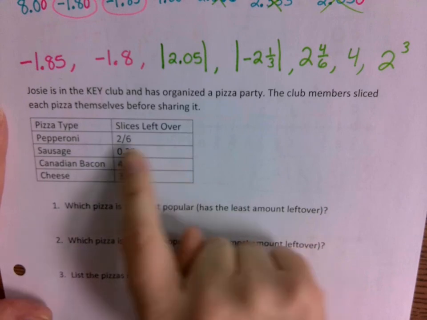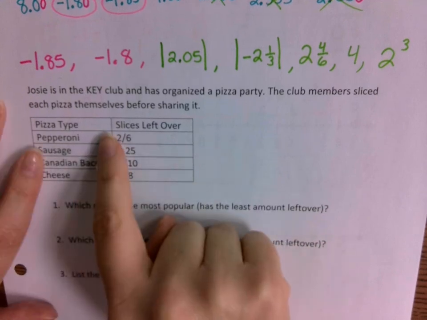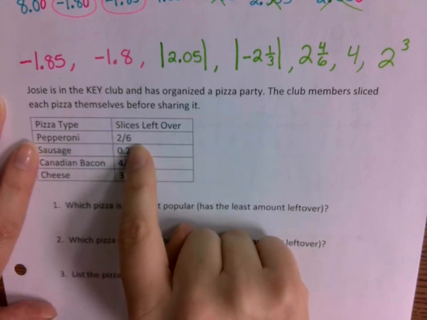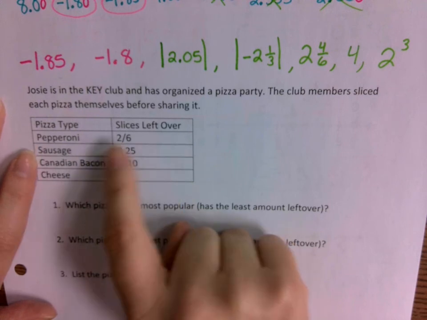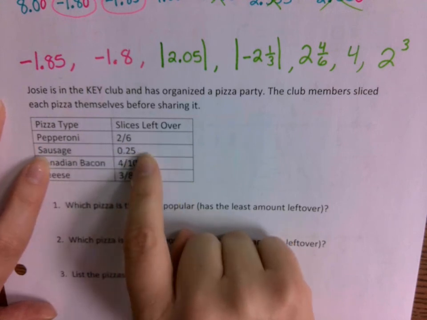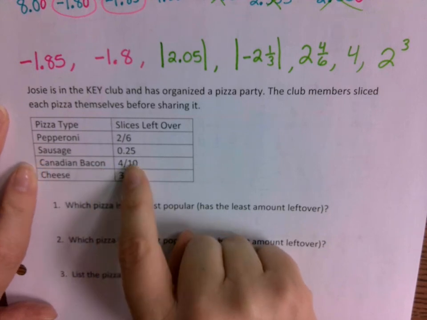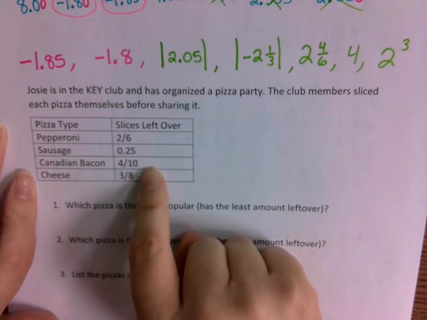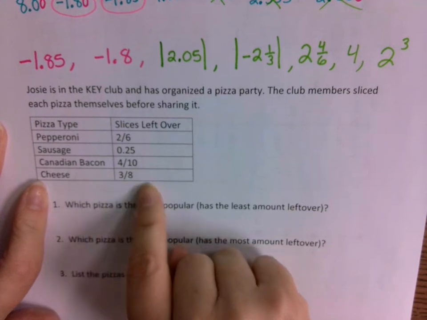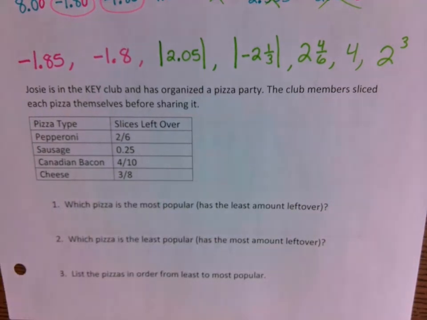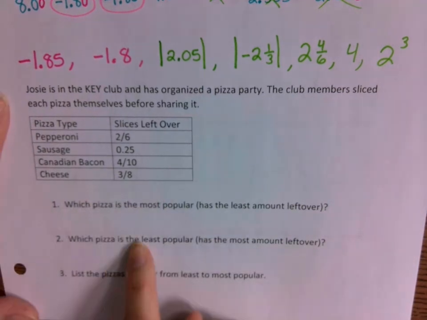For the pepperoni pizza, we have 2/6 of the pizza left over. For sausage, we have 0.25 of the pizza left over. For the Canadian bacon, we have 4/10 of the pizza left over. And for cheese, we have 3/8 of the pizza left over. I want you guys to answer these 3 questions about what was left over.